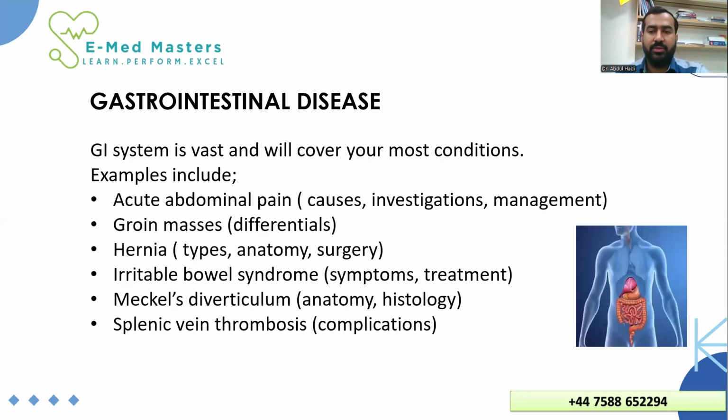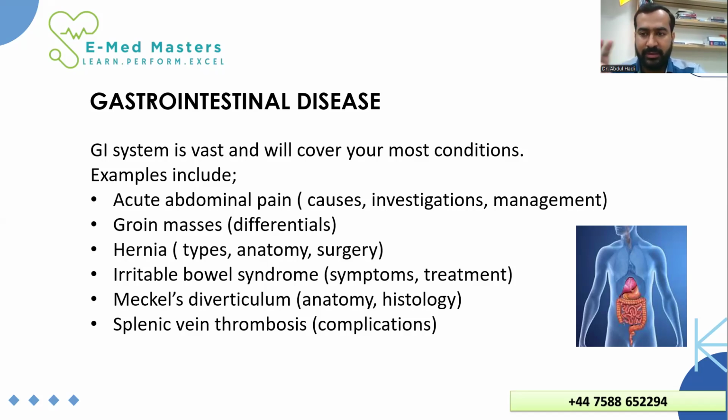First, let's look at the gastrointestinal diseases. The gastrointestinal system is vast and will cover most of your conditions, from the upper abdomen, the liver, the pancreatic system, the pelvis, groin masses, and hernia.